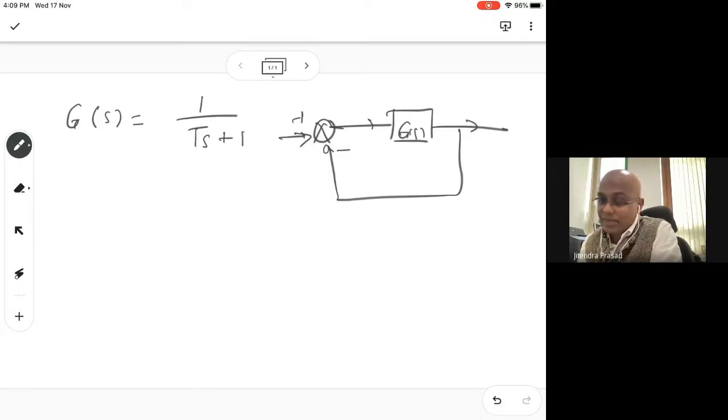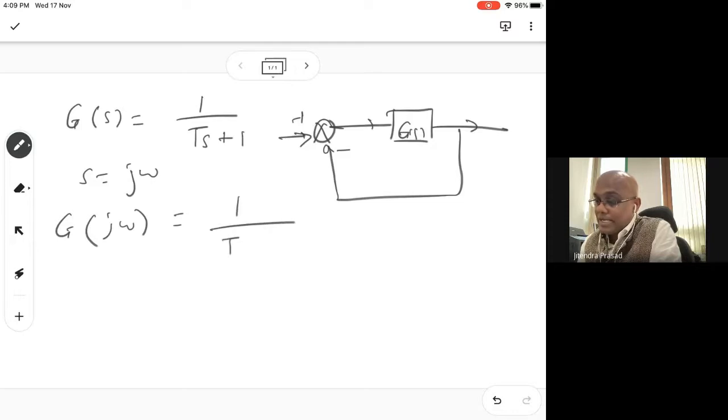We start by putting s equal to j omega, right? So G(j omega) is equal to 1 over tau s plus 1, and you replace s by j omega, so you have 1 over j tau omega plus 1, right?